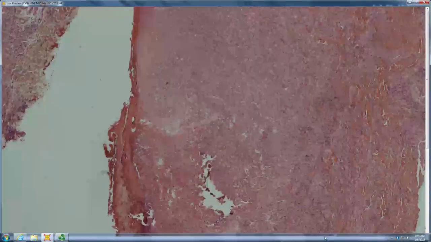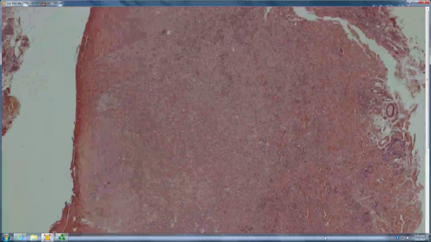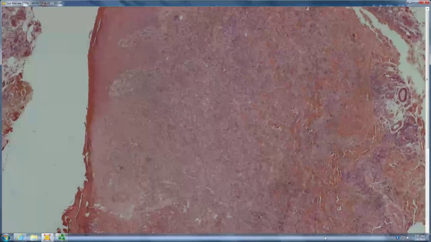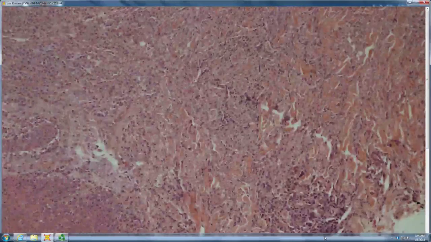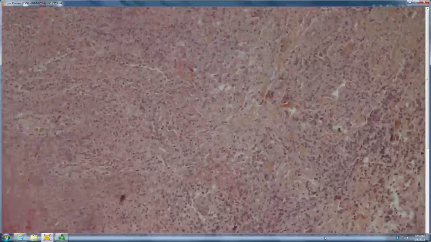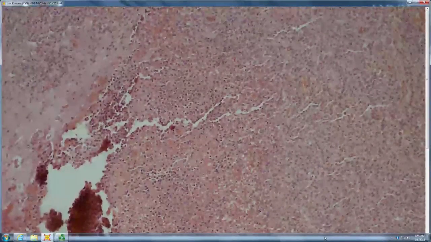That's a central ulcer there. Yes. Pretty busy dermis. Yes, you have a lot of interstitial inflammation. There's some elongation of the rete. I'm thinking like a chancre maybe.